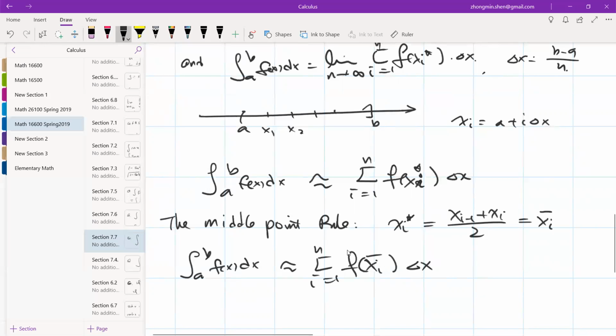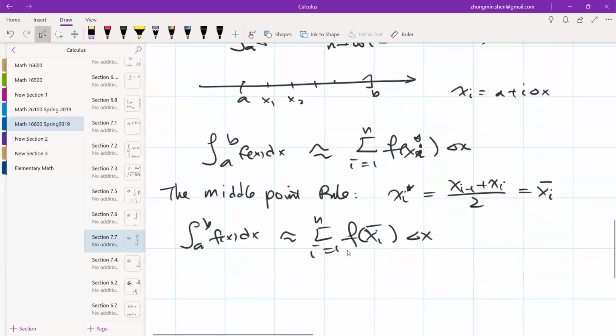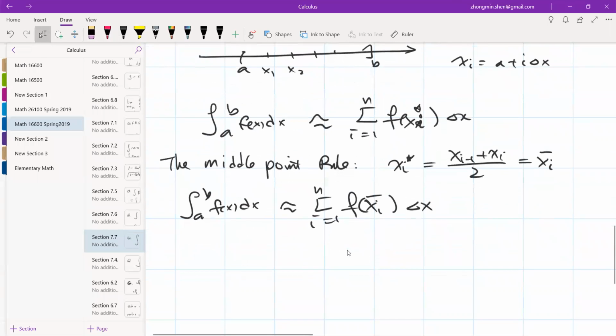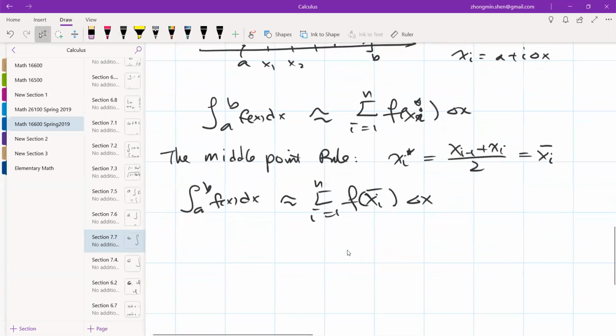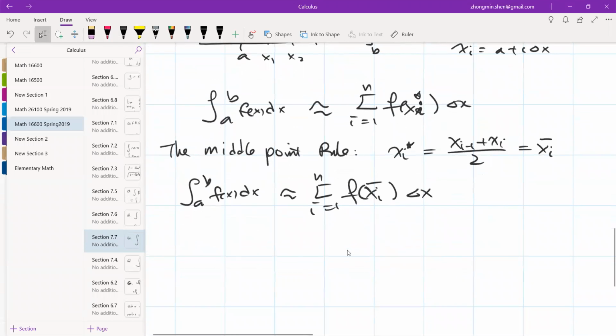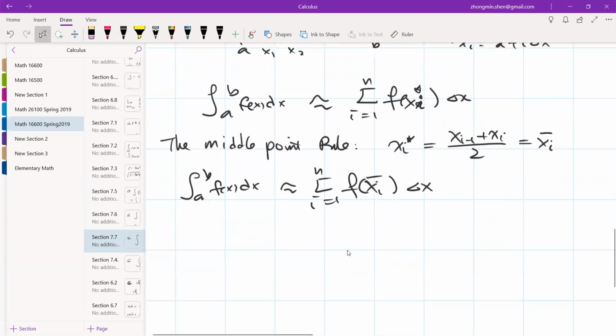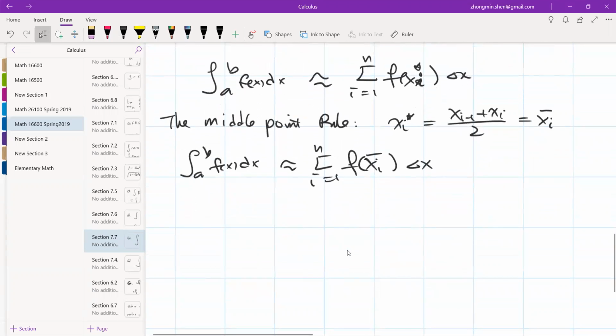Now, the so-called trapezoid rule is slightly different. The idea is we understand the geometric meaning of the integral.